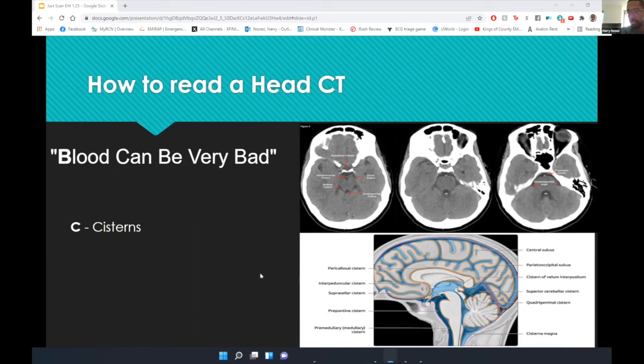I don't know if you can see my mouse. You can also see the suprasellar, the quadrigeminal, and the Sylvian cisterns. The Sylvian sometimes can be seen in the suprasellar area. These cisterns have clinical relevance for herniation syndromes, and this is where blood will tend to layer as well.